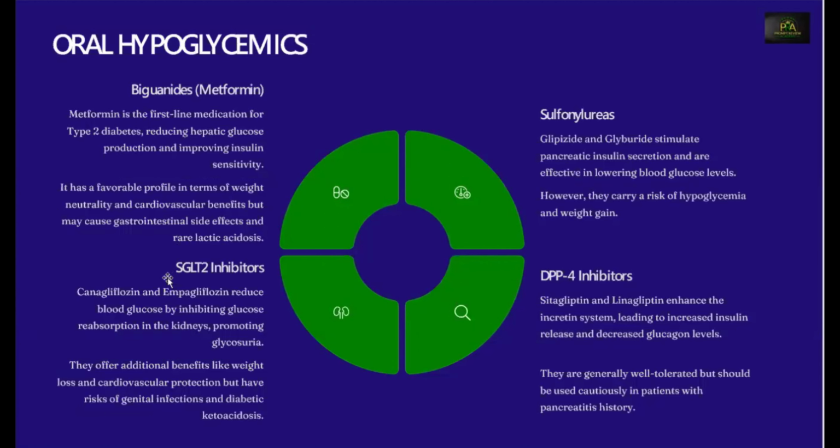So, very important. We have other hypoglycemic agents: SGLT2, the DPP4 inhibitors, and the sulfonylureas. Under sulfonylurea, we have glipizide.